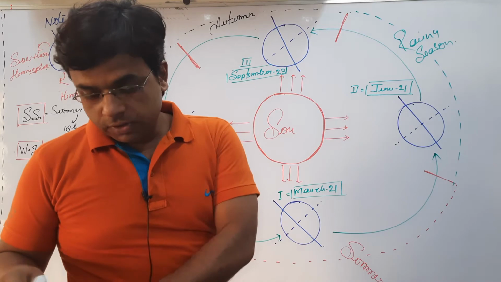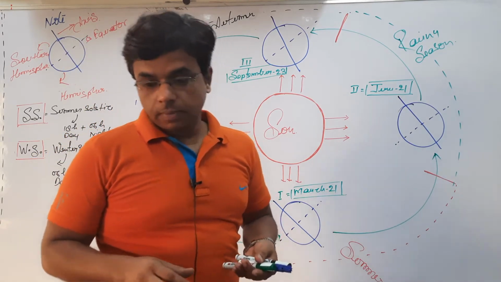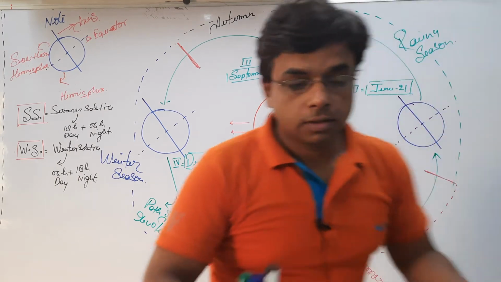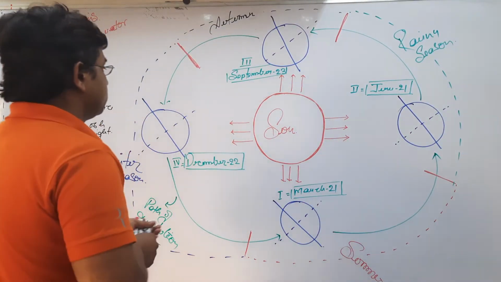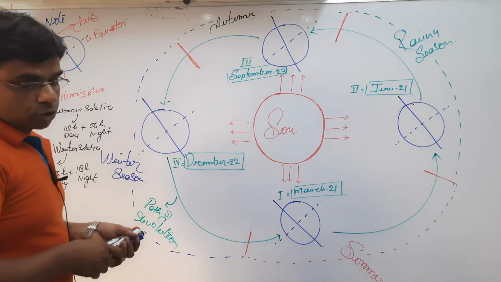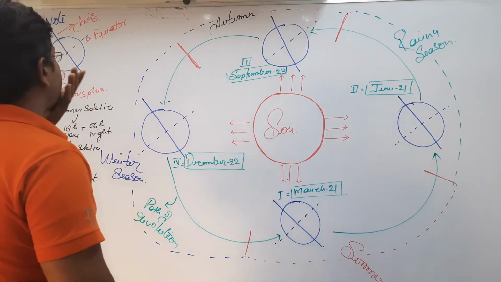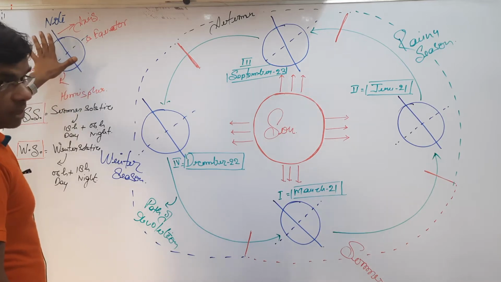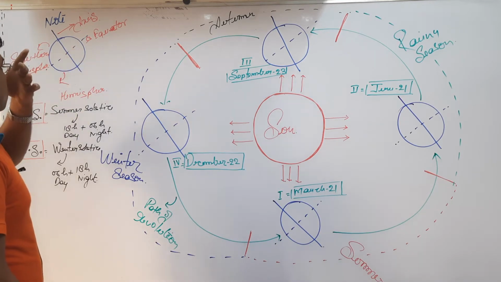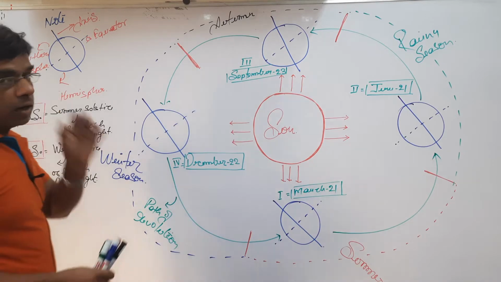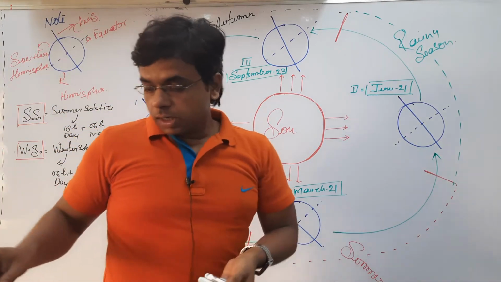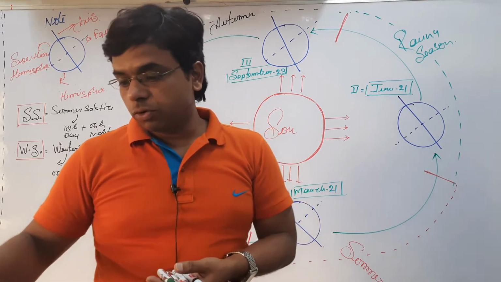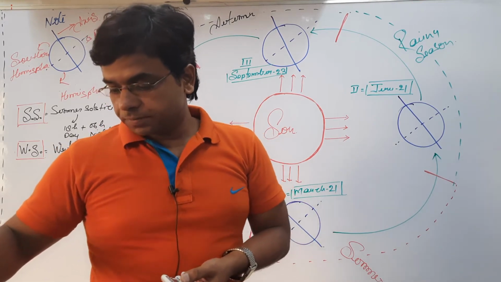So, first, a recap of two of the topics. In the rotation motion, the earth moves on its axis. Now, this slanting line is the axis of the earth, and we have discussed how the rotation takes place and what are the consequences or the effects of the rotation on the earth.